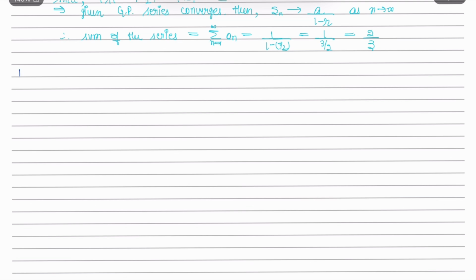Next part, 1 upon 2 into 3 plus 1 upon 3 into 4 plus 1 upon 4 into 5 plus so on to 1 upon n plus 1 into n plus 2 plus so on.